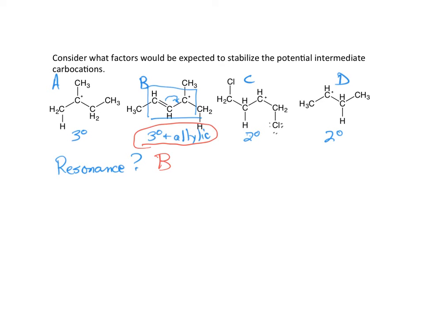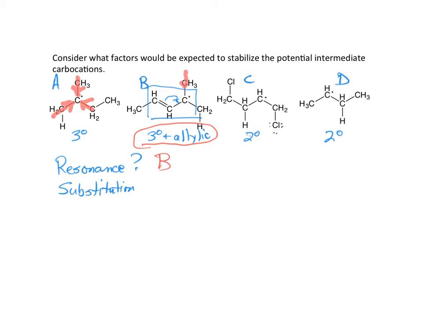Okay? Well, the next thing we consider that stabilizes carbocations is substitution. Right? Substitutions tend to donate electron density. And so if we look at this, here we have 3 alkyl groups that can donate electron density.